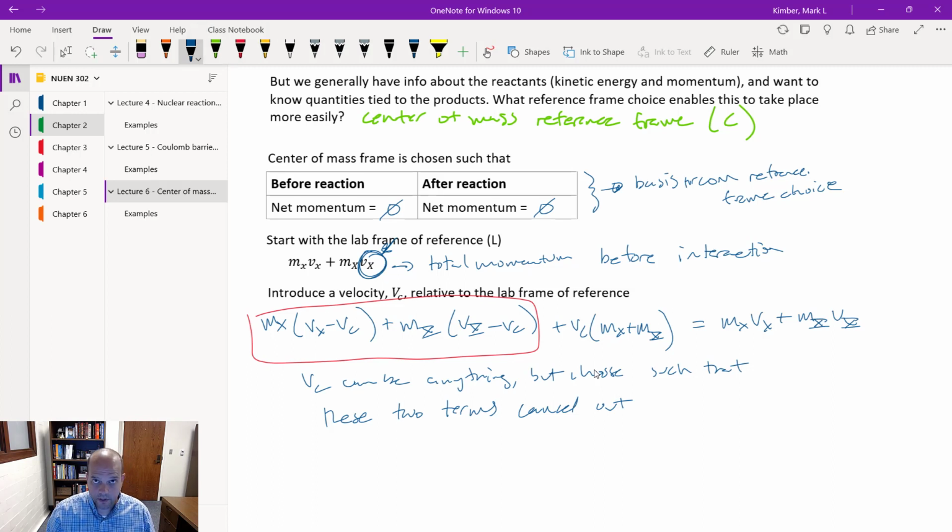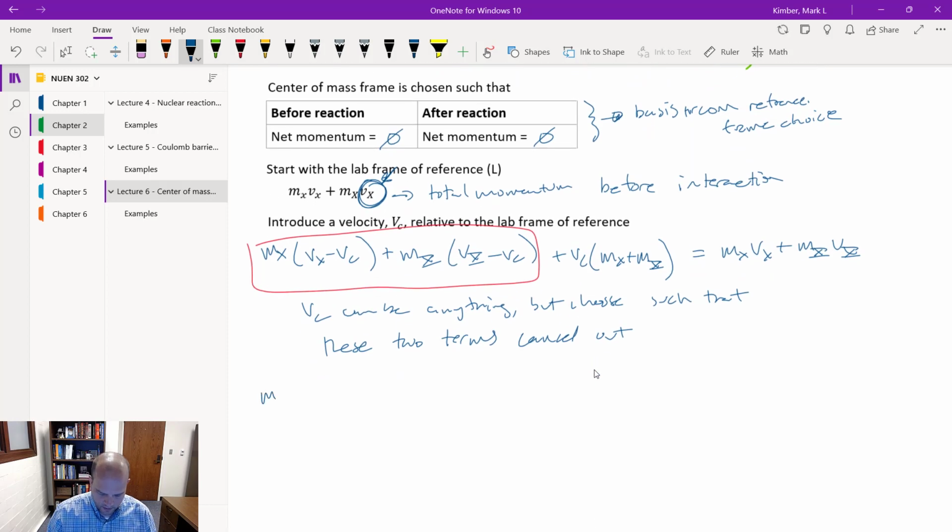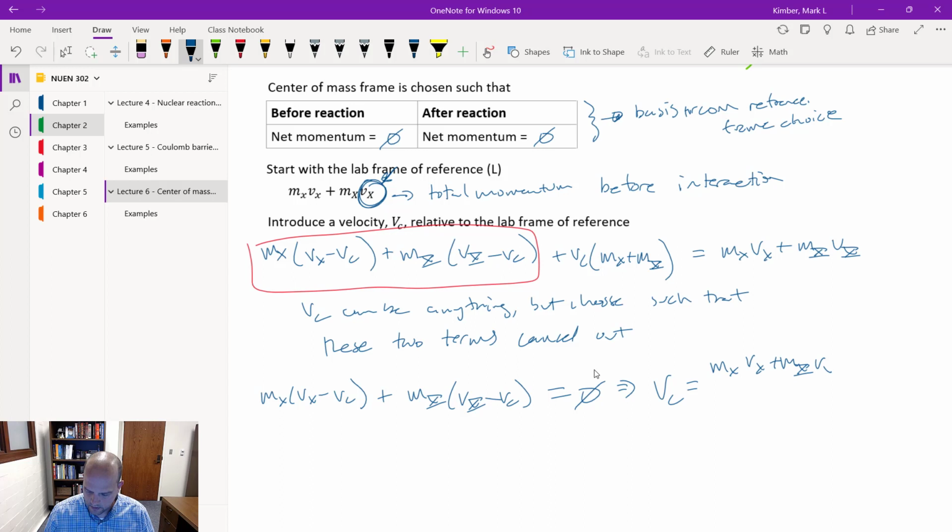I set these two terms equal to 0 and solve for Vc: mx times Vx minus Vc plus capital X times Vx minus Vc equals 0. That gives me an expression for Vc: mx Vx plus capital X Vx, divided by the sum of my masses.